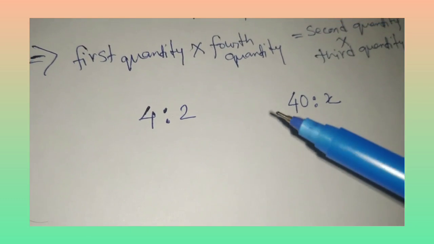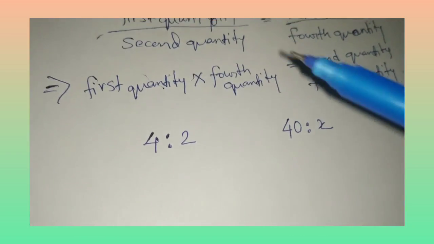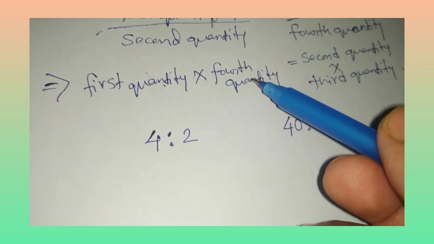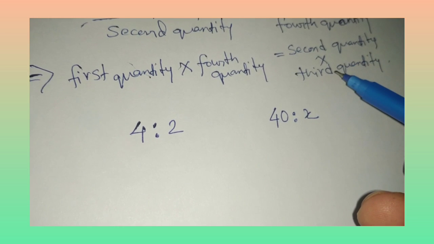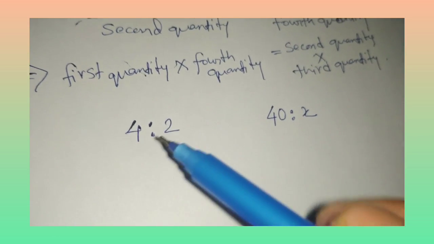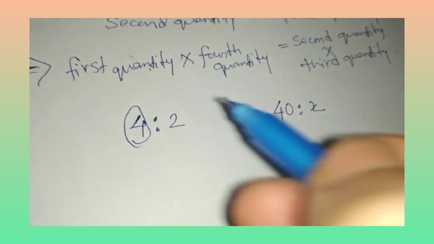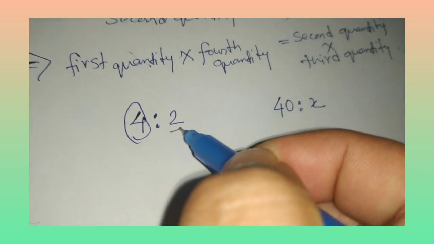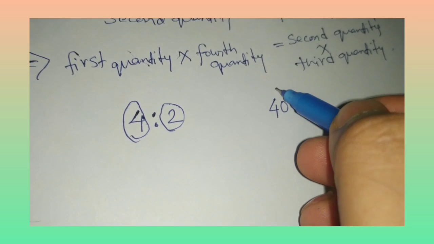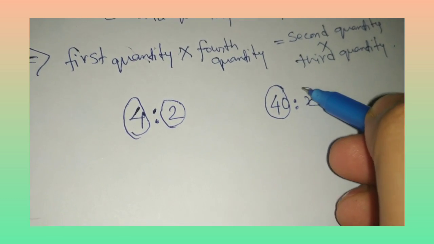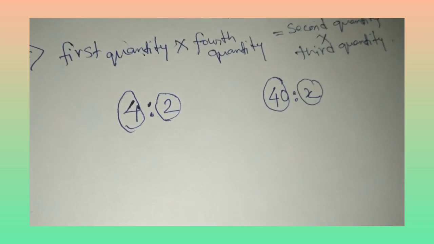So how will I determine? I will use this formula. We know that first quantity into fourth quantity equals second quantity into third quantity. So which is the first quantity over here? The 4 is the first quantity, second quantity is 2, third quantity is 40, and fourth quantity is x.